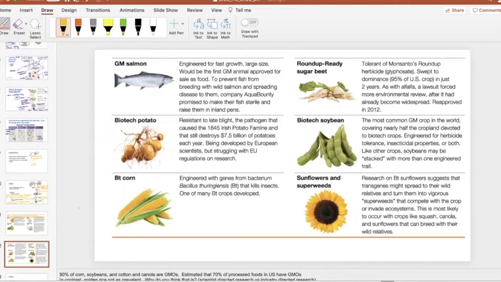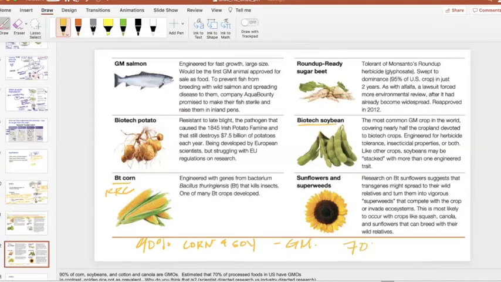We have BT corn, and you also have Roundup Ready corn that you can plant. We have biotech soybeans, and the list goes on and on. It turns out that something like 90% of corn and soy that's grown in this country is genetically modified, okay?